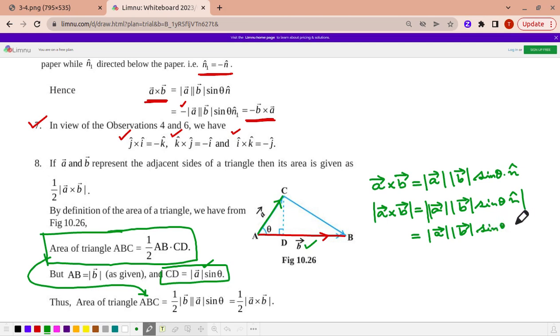In 0 to pi, sin theta is positive, and mod of n cap. n cap is a unit vector, so mod of n cap should be 1. So, that is why it is mod A into mod B into sin theta. So, that is what we have written here, half of mod of A cross B. So, instead of mod A mod B sin theta, we can directly write mod of A cross B. I hope you got this point very well.